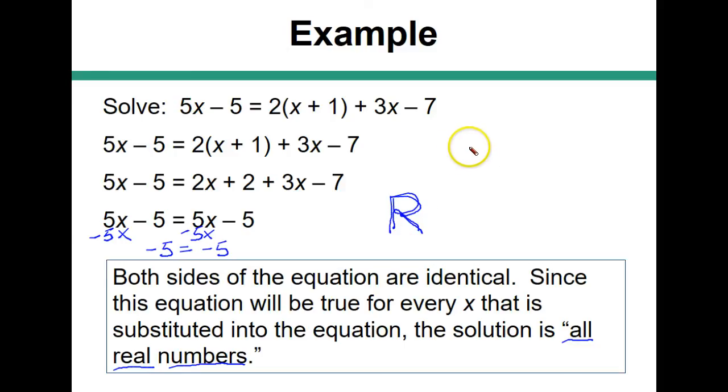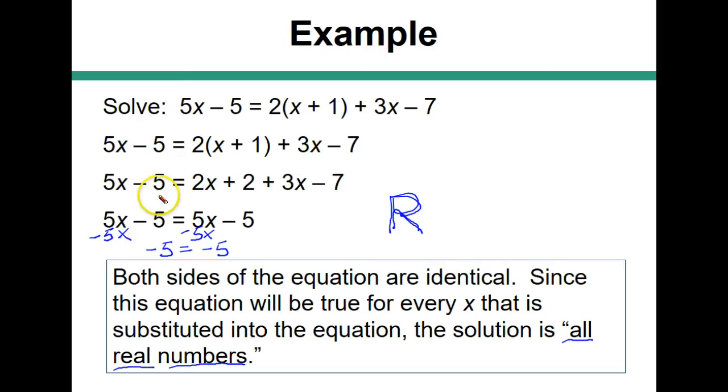All right, so this completes a review of the technique for solving pretty much any equation where we get rid of fractions, we get rid of grouping symbols, we transpose from one side to another to get all the variables on one side, numbers on the other.